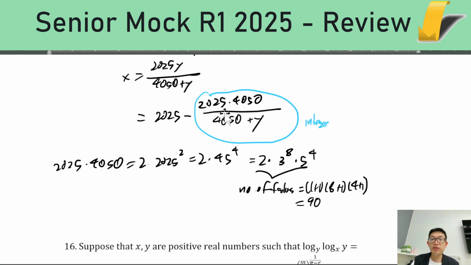Right, so 4050 plus y can be positive or negative. So this is actually going to be positive factors, but actually the number of factors you have to multiply by 2 to get 180.